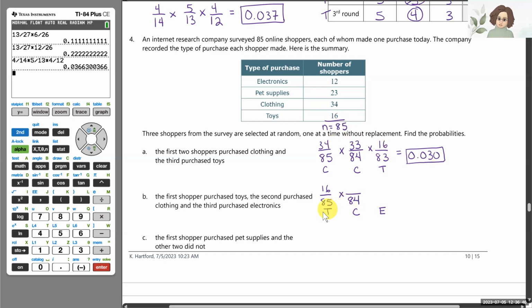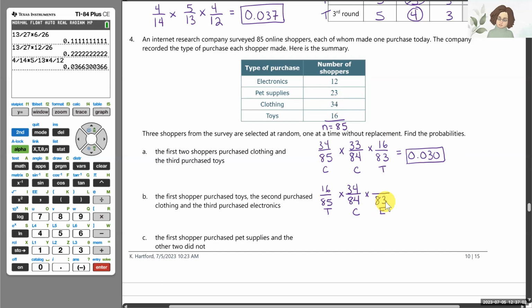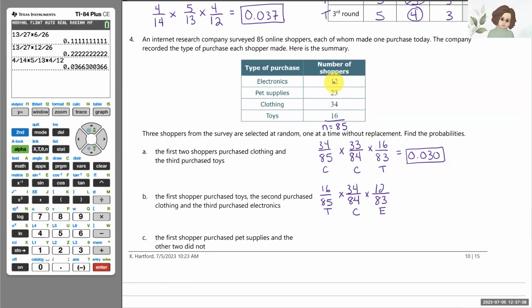And we already took away one that bought toys, and now I want the probability of clothing. So I'd still have those 34 people that bought clothing. And then after we pick them, they are gone. So we're down to 83 people. We took away a toy person, a clothing person, and now electronics. There would still be those 12. And again, if you want to enter that and check it yourself, that will be 0.011.